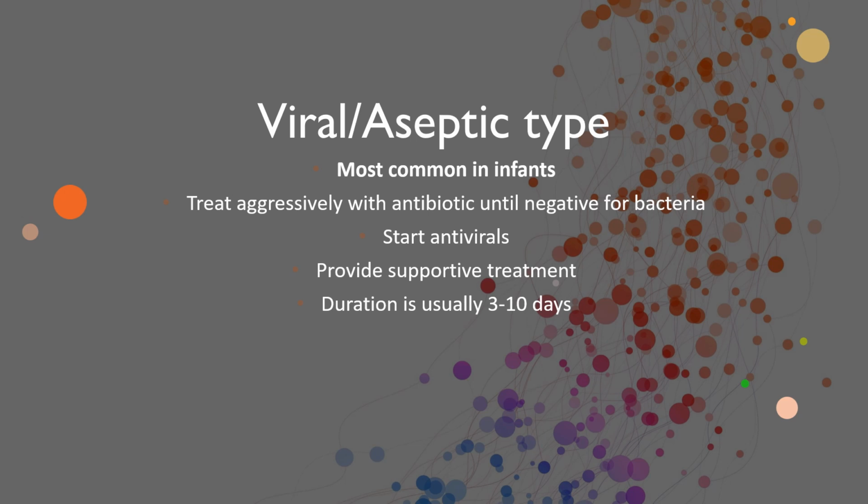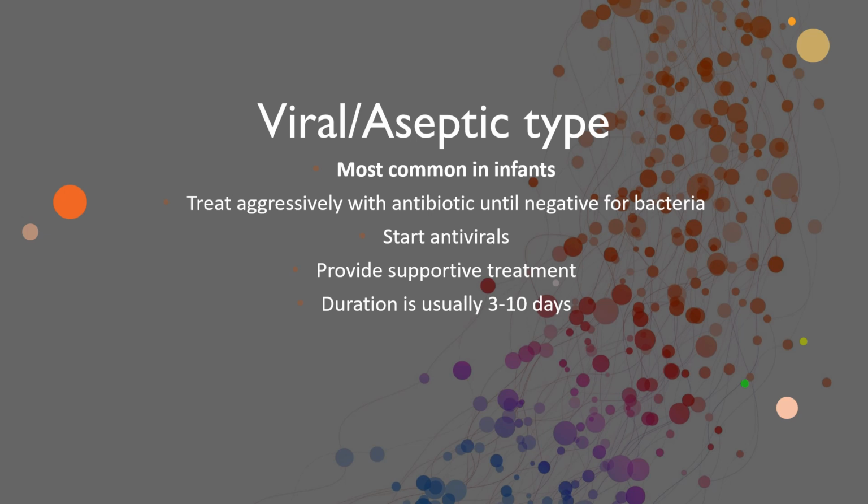Once we receive negative cultures for bacteria, then we can start antivirals, or we can just provide supportive management to help them through it. And the duration of symptoms is usually 3 to 10 days. And we are going to control their headaches and fevers with antipyretics and analgesics.